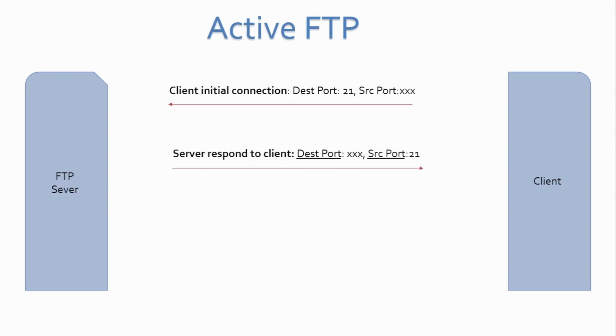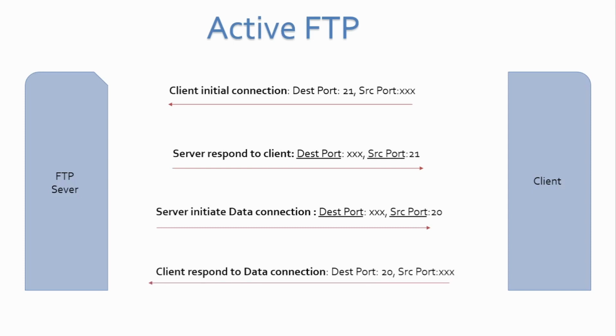Then the server will respond to the client with the destination port being the client's port number and the source port being 21. Again, the server will initiate the data connection. So the source will be port 20 and the destination port will be the port of the client. And then again, the client will respond to the data connection with port 20 being the destination and the source port being any port number from the client.